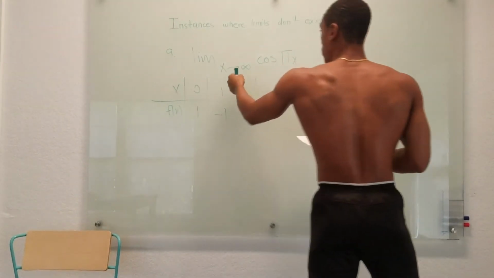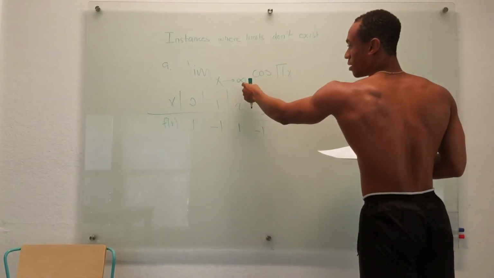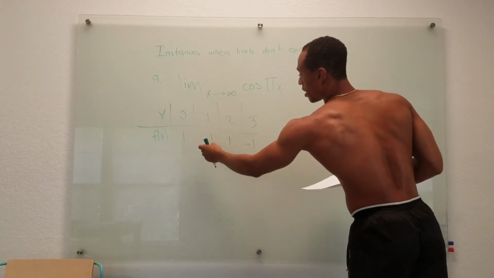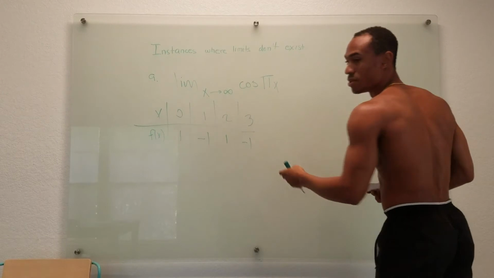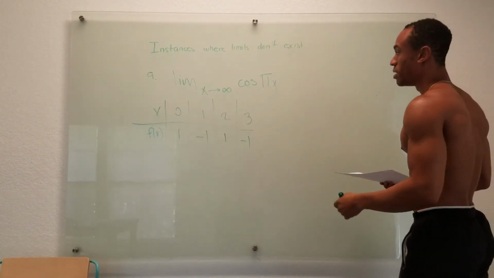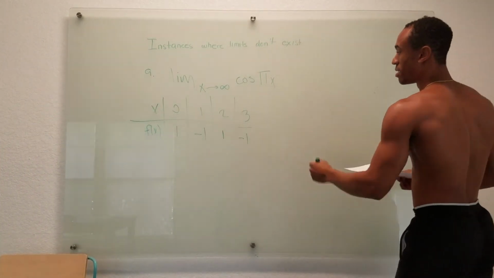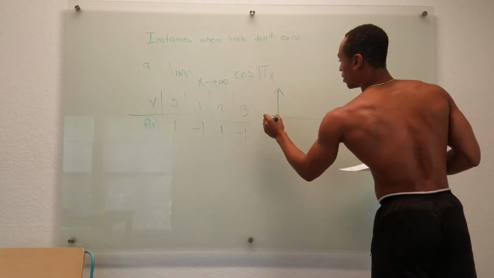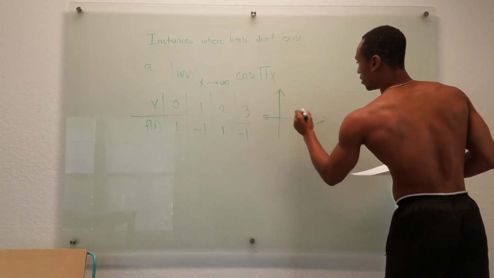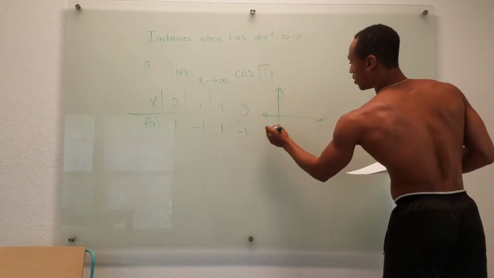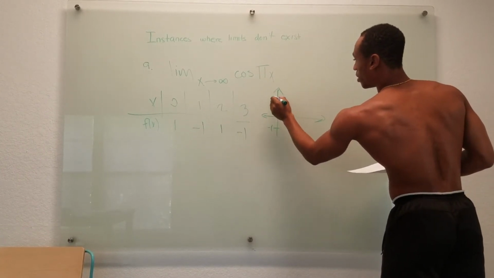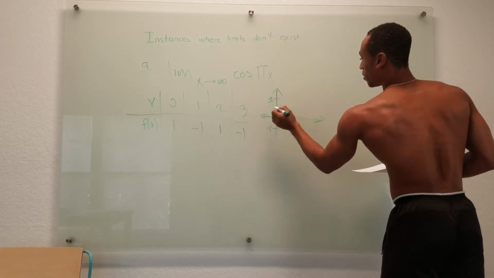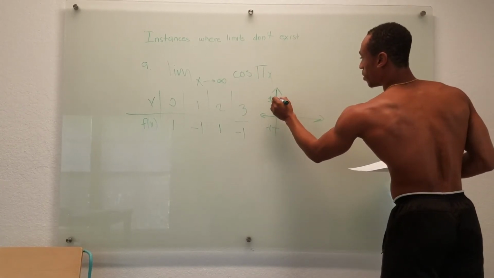So as we approach infinity, our graph keeps jumping from 1 to negative 1 and back, and it's going to do this an infinite number of times. So this limit doesn't exist because your graph looks like this. Negative 1, 1. At 0, it's 1.